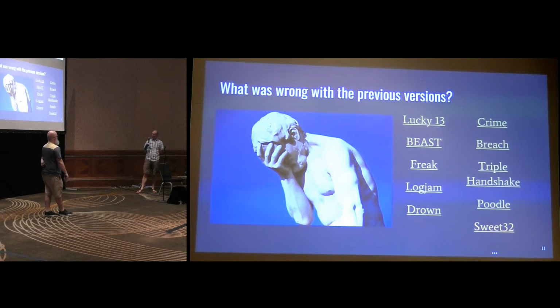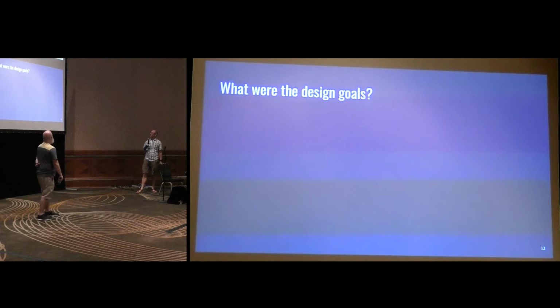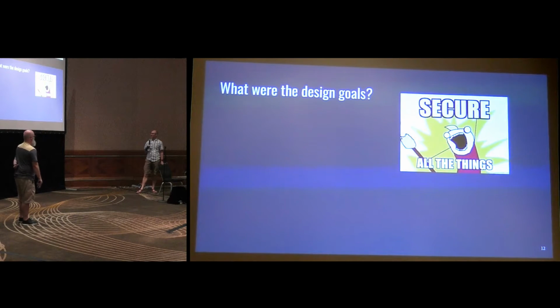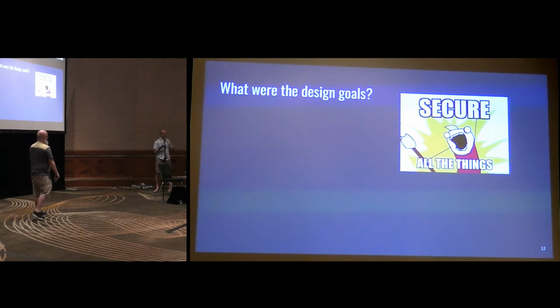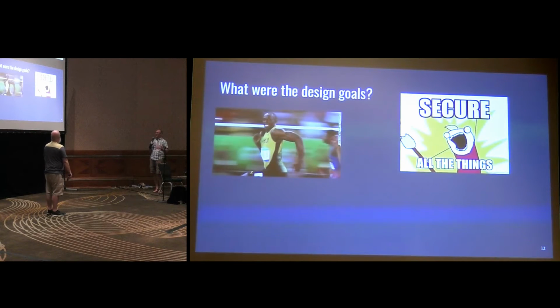So what do we do in TLS 1.3? One of the top priorities or drivers for TLS 1.3 is probably security. It's a security protocol, okay? But what people really get excited about in TLS 1.3 is that it's faster than its predecessors.